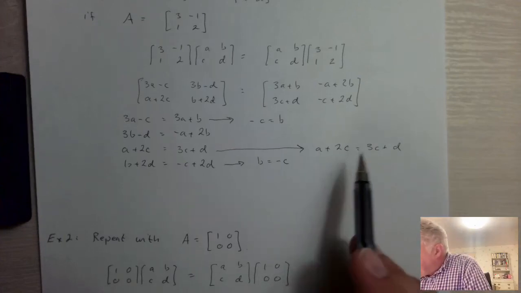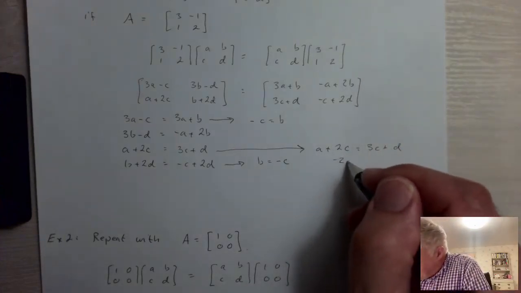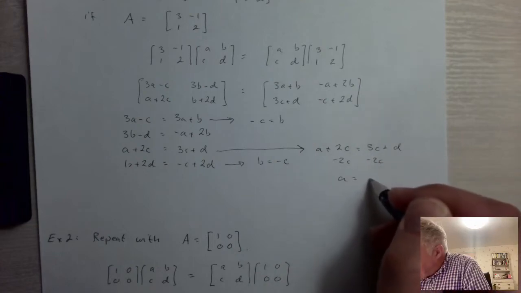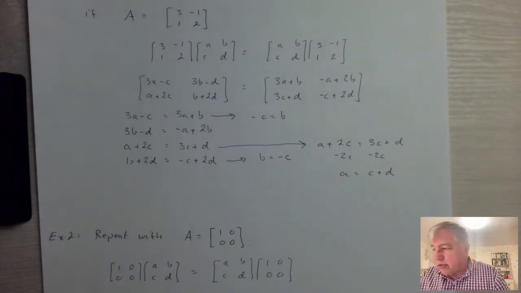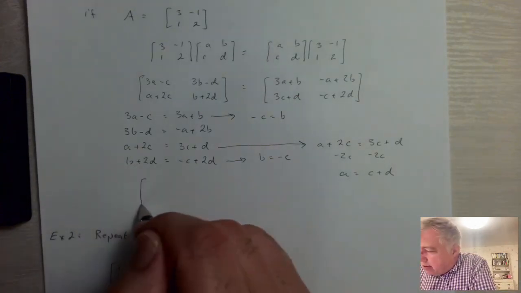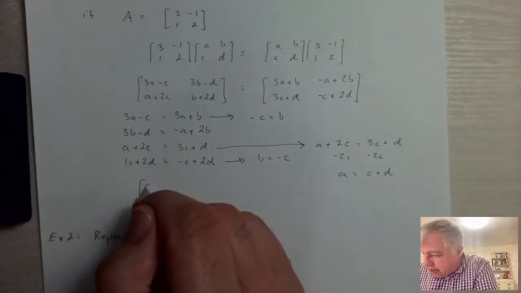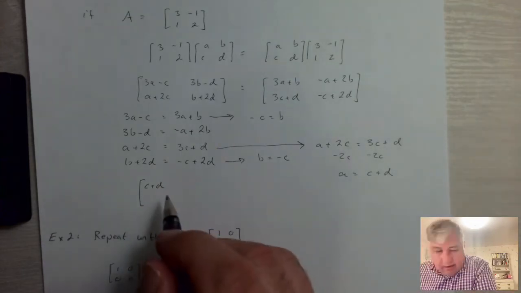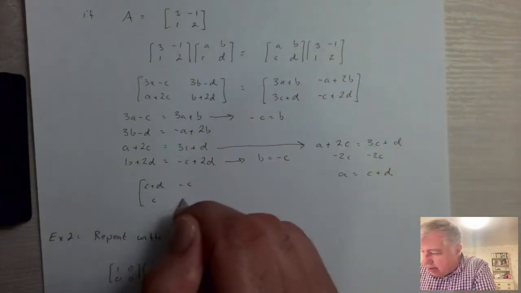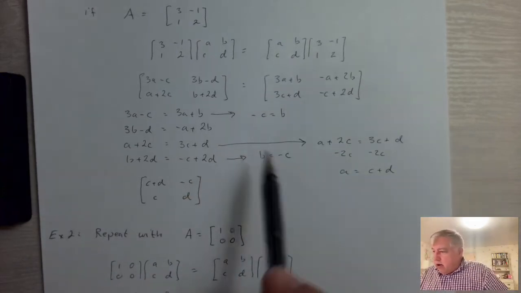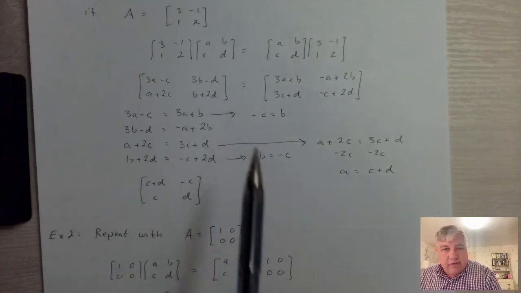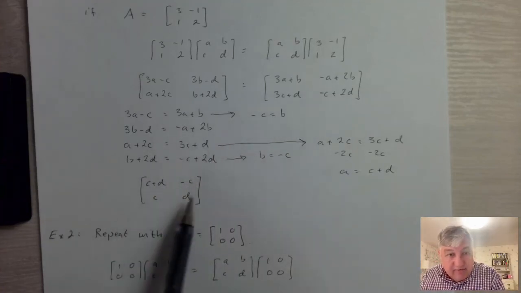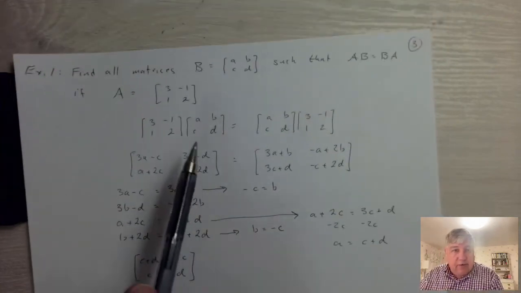And we can subtract 2C from both sides, and we'll get A equals C plus D. So it turns out that A and B can be written in terms of C and D, and in fact we get A is C plus D and B is minus C. Here's C and D. Okay, you can play around with these others. We can see that this last equation is a little redundant, but you can see that any matrix in this form will commute with this particular matrix.